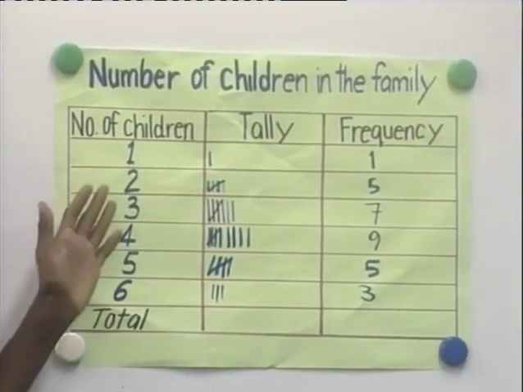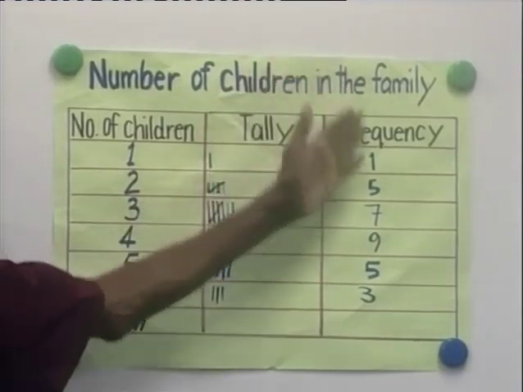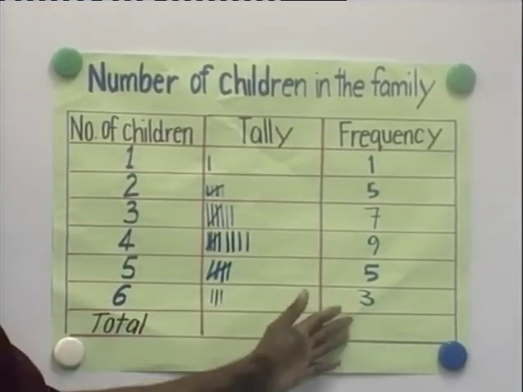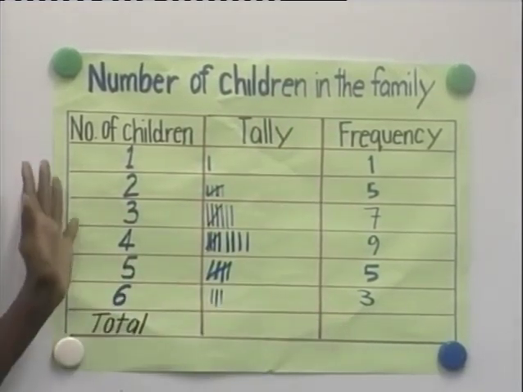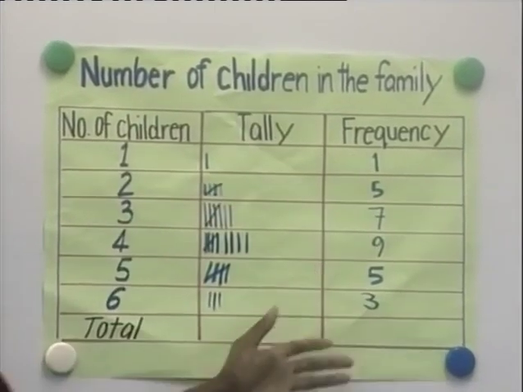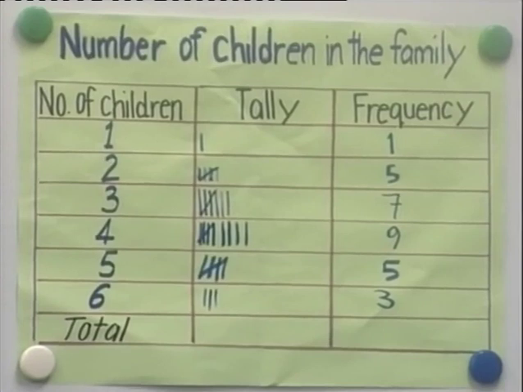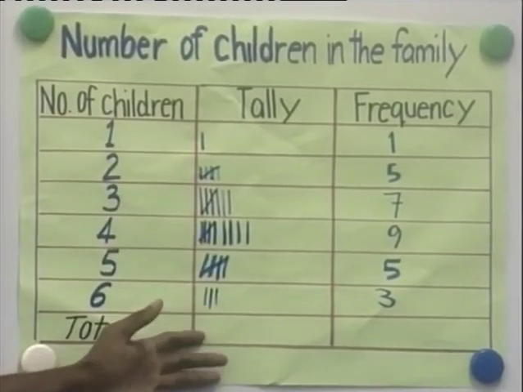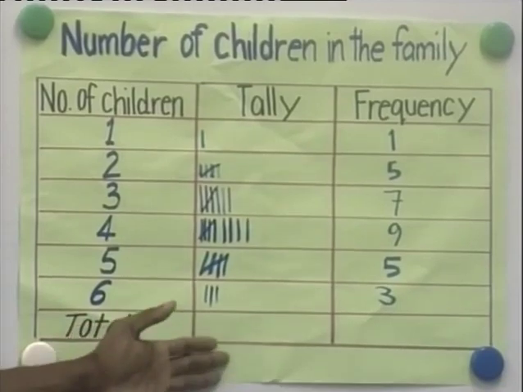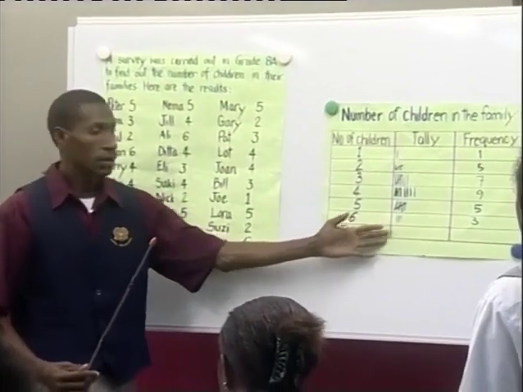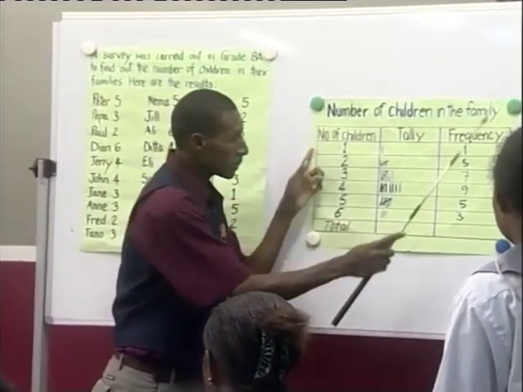As you can see, now the frequency column has been completed. So this table is now fully complete, with the information from this data being organized into a frequency table.